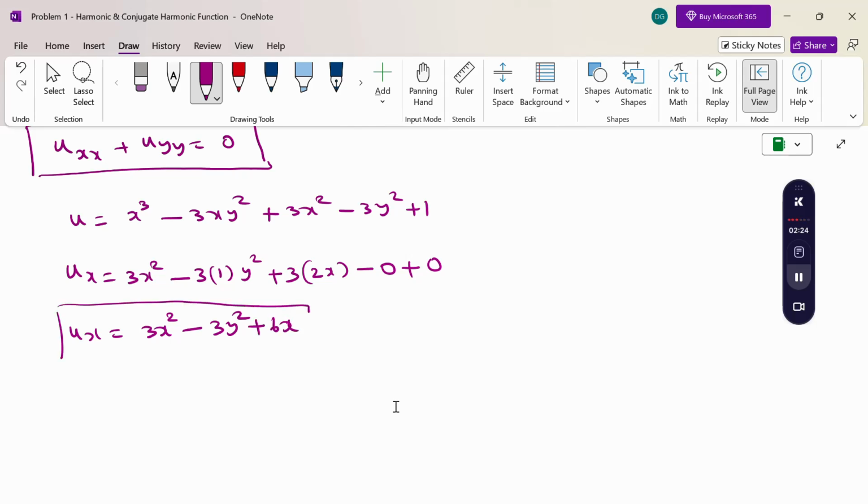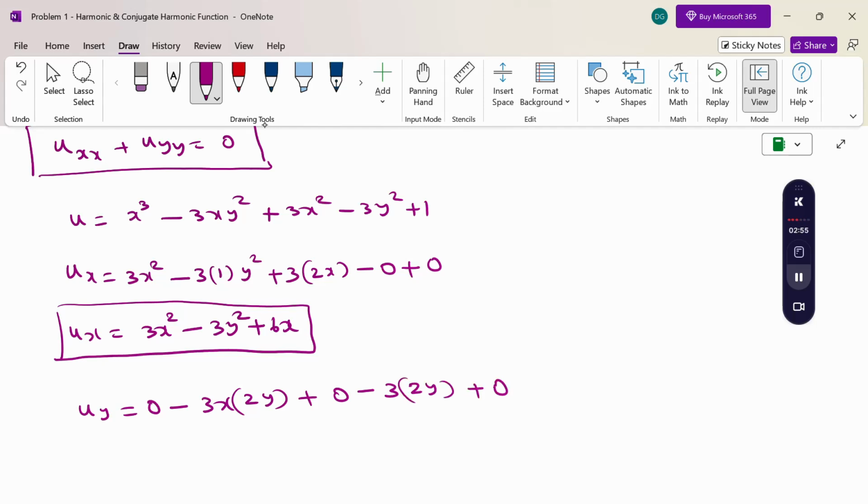This is ux. And u with respect to y, uy: x cube is constant, so 0, minus 3x constant, y square differentiation 2y, plus 3x square constant 0, minus 3 constant with y square derivative 2y, plus 0. Therefore, uy equals minus 6xy minus 6y. This is uy.